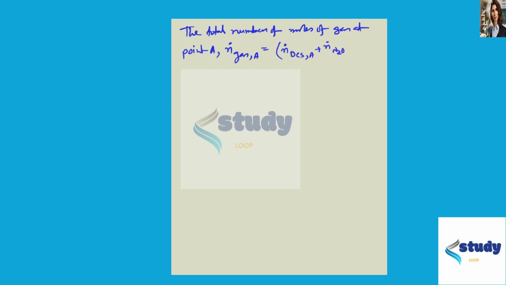Therefore, the total number of moles of gas at point A is the summation of the moles of all gases at point A: the number of moles of DCS at point A plus the number of moles of nitrous oxide at point A plus the number of moles of nitrogen at point A plus the number of moles of hydrochloric acid at point A. Therefore, we can do the summation here.